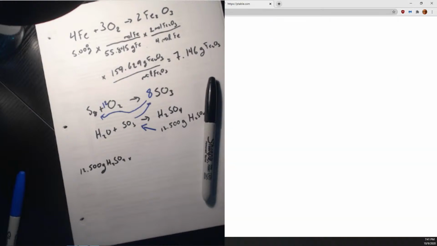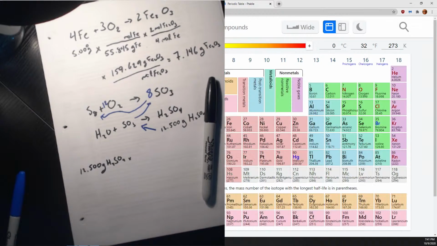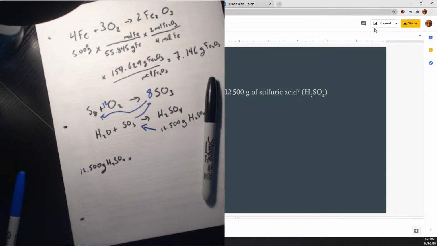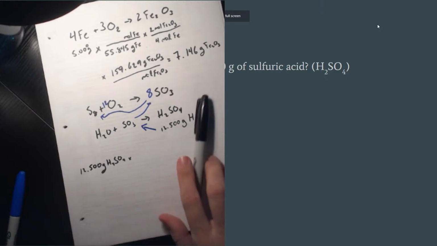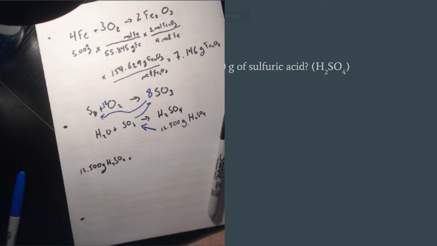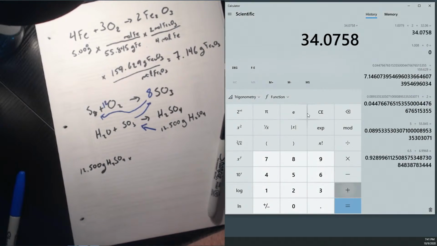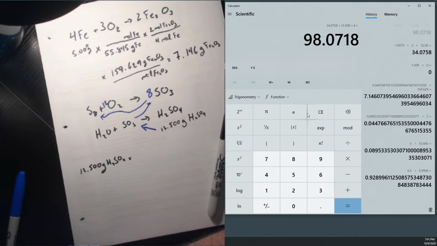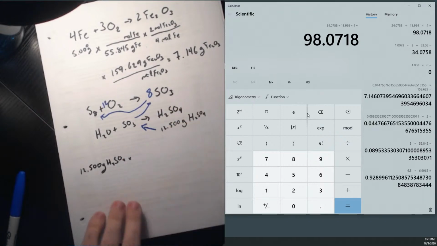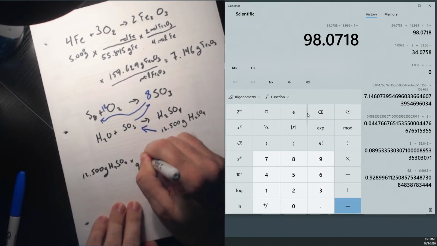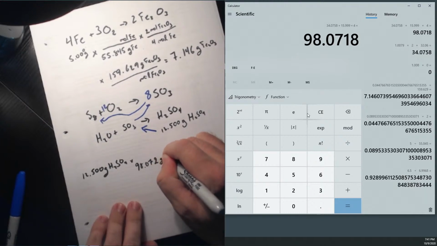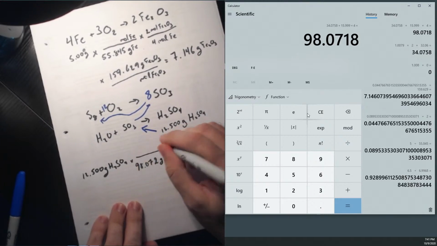There we go. 32.06. There we go. Plus 15.999 times 4. 98.072 grams per mole.